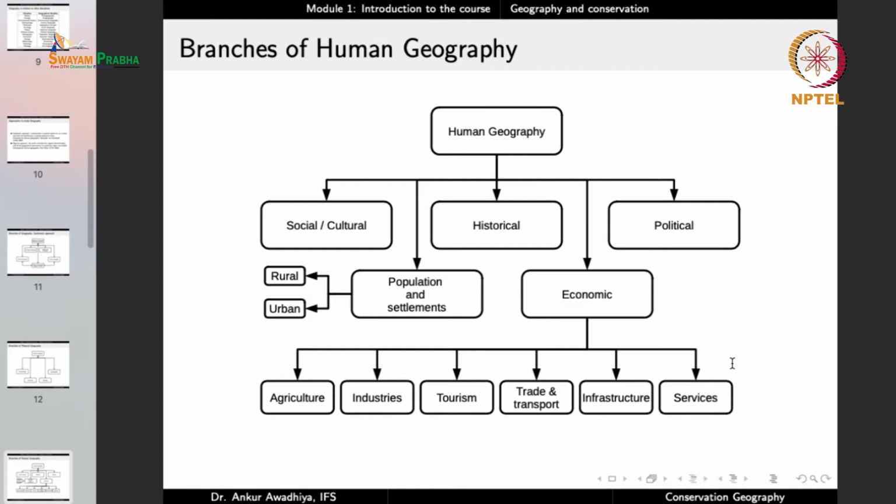Now in the case of any of these, we will ask the question, what are the different kinds of infrastructures that humans have built? Where is a particular form of infrastructure found? And why are those infrastructures found in those areas where they are found? So in the case of infrastructure, we can ask the same questions, but this is a subdiscipline of human geography.